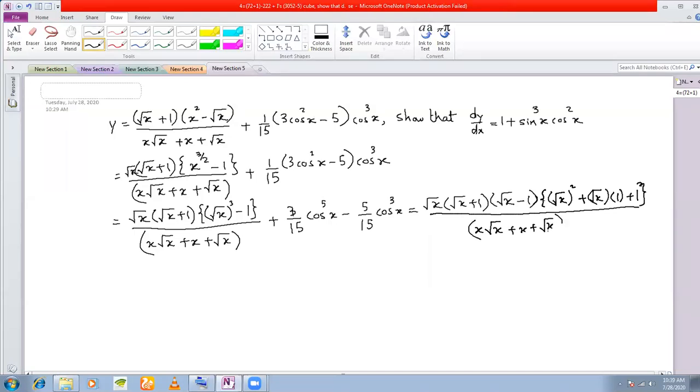And these would remain as it is, plus 1 by 5 cos to the power of 5x minus 1 by 3 cos cube x. Okay, let's see.